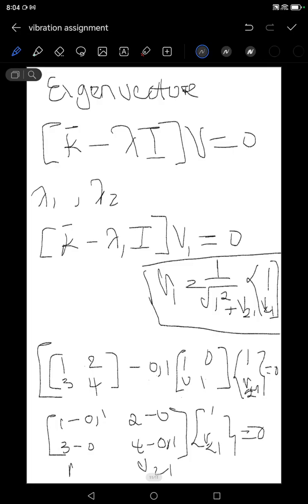Now let's move forward and calculate V21. To get V21, we just have to simplify this. 1 minus 0.1 gives 0.9, we have 2, we have 3, and 4 minus 0.1 gives 3.9.